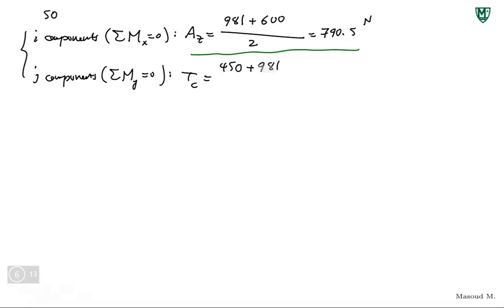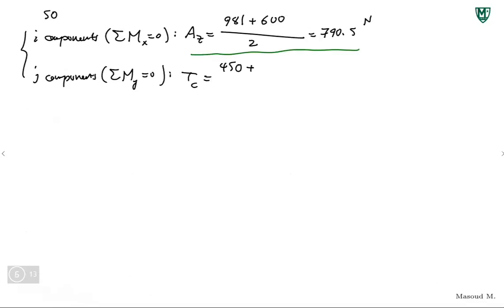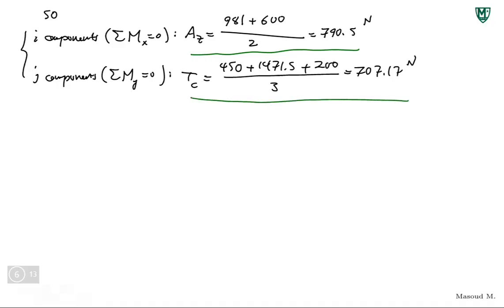No, sorry. Am I right? Let me double check. 450, 1471 and 200. All right, now it's correct. 450, 1471.5 plus 200. All the components, right? And the coefficient for TC was 3, so we can divide it by 3. From there, you will get 707.17 Newtons. And this is TC.